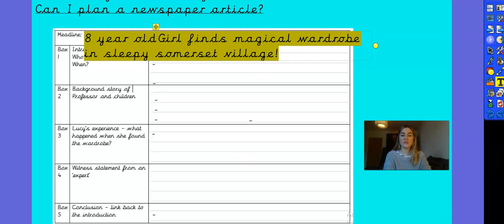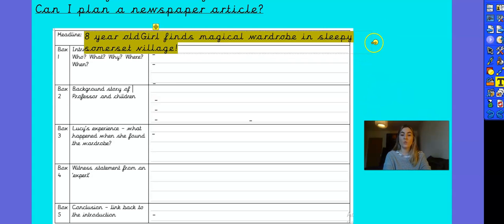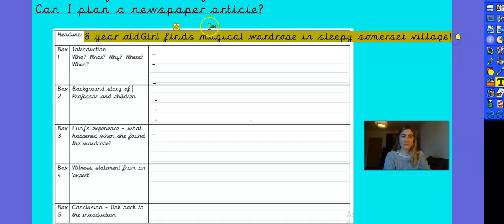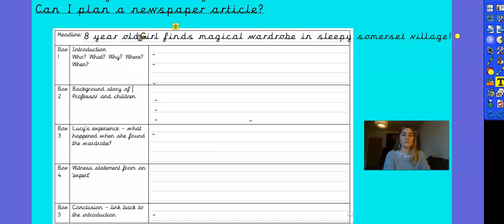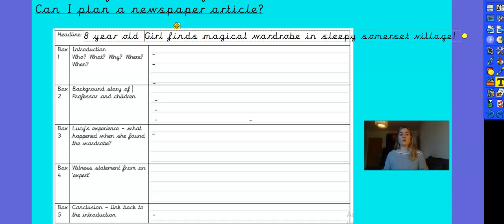So I'm giving an indication of who found it, what the wardrobe is like, and where it has been found. So 8-year-old girl finds magical wardrobe in sleepy Somerset village. So already they're going to want to read it, because it's unusual that a wardrobe would ever be magic, and why on earth would one be found in a very ordinary, quiet village?